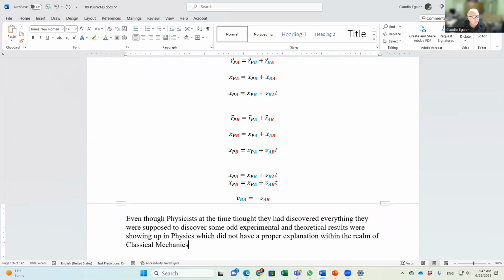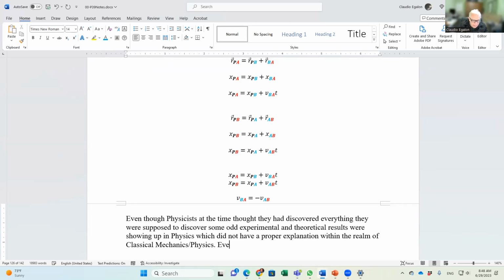Classical mechanics, or classical physics, is the theory that was completed by the mid-1800s. Electricity and magnetism is considered part of classical physics, along with thermodynamics.